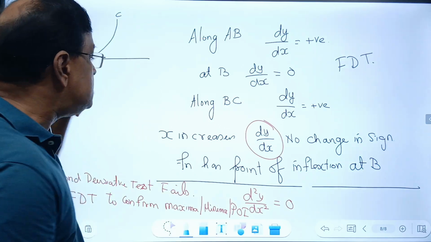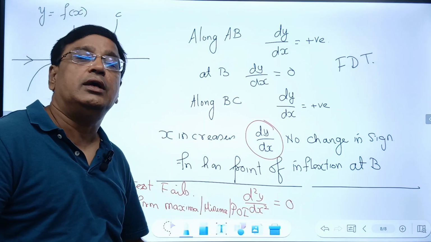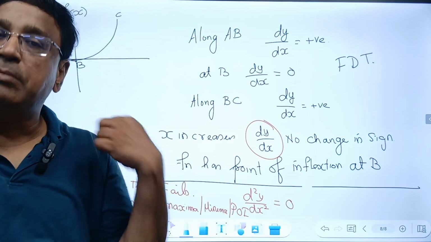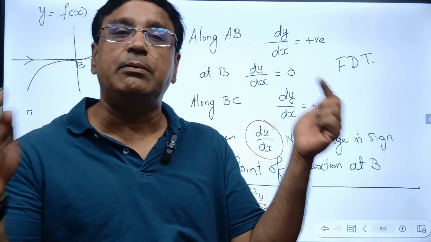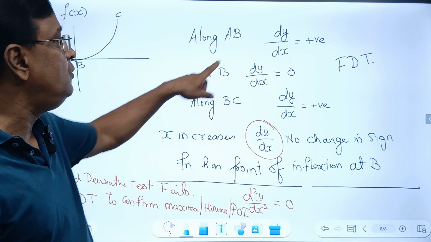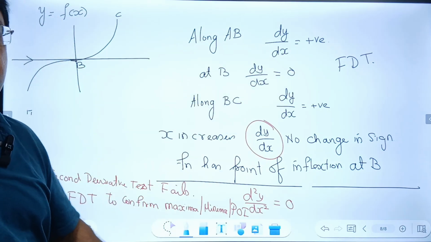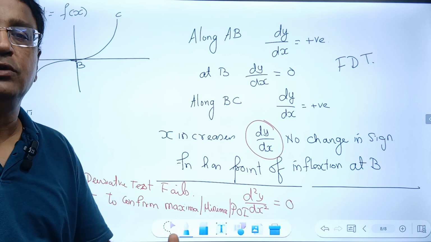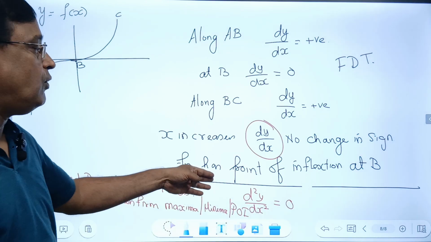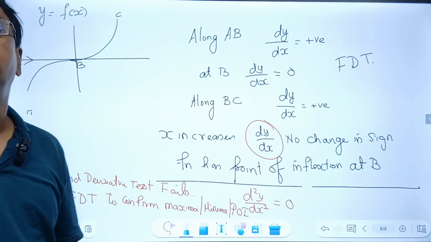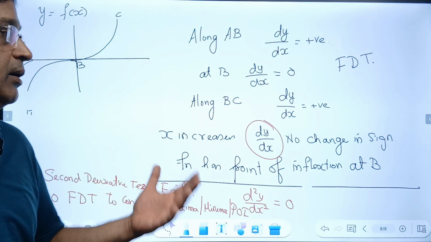When the second derivative is 0, there is a possibility that it can be a point of inflection, maxima or minima. That can be confirmed only using the first derivative test. We do the second derivative test because it is much easier and not tedious. Otherwise, you can say the first derivative test is more a confirmatory test for maxima and minima.